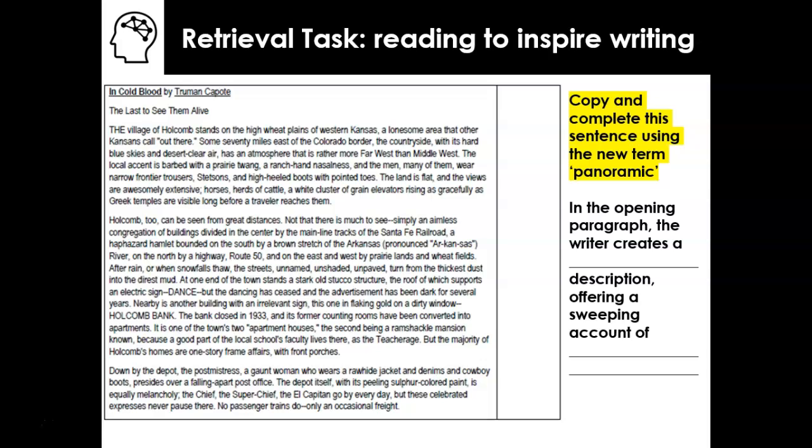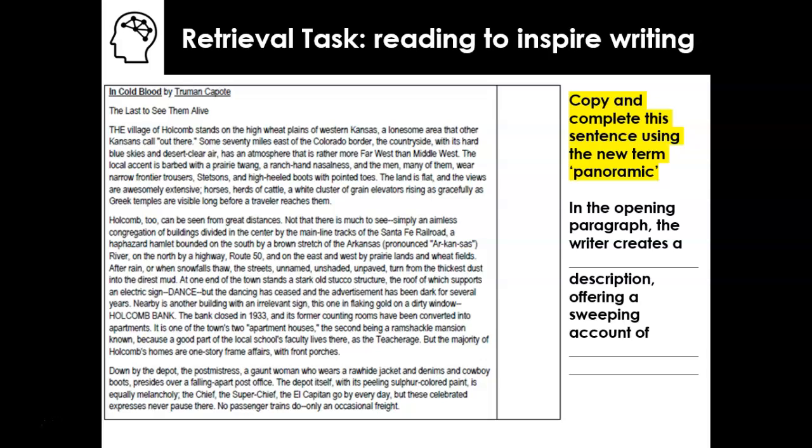So let's look at the opening paragraph together. The village of Holcomb stands on the high wheat plains of western Kansas, a lonesome area that other Kansans call out there. Some 70 miles east of the Colorado border, the countryside with its hard blue skies and desert clear air has an atmosphere that is rather more far west than Middle West.